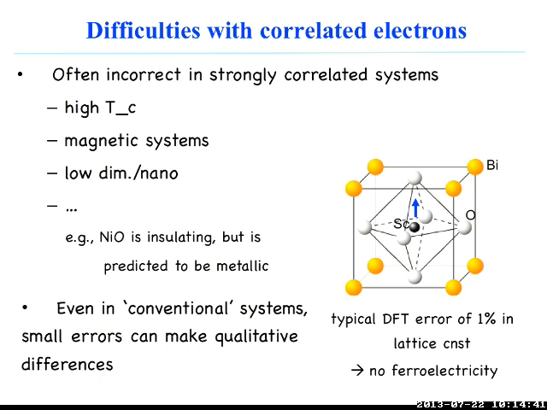So here's an example of the second category where this is a typical structure in condensed matter with transition metal in the middle, and these are the B atoms, oxygens. The B atoms are here, the bismuth atoms. So this is scandium bismuth O3. And this is supposed to be a ferroelectric material.